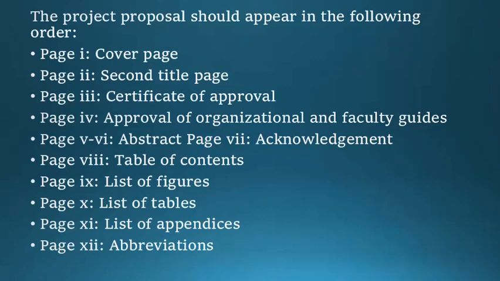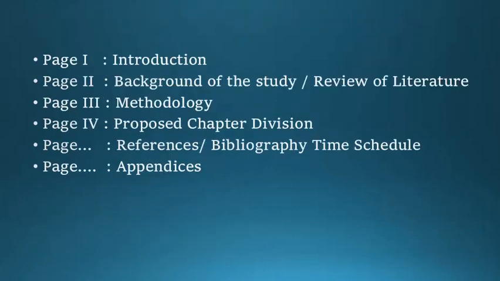From page 5 to 6, you'll have an abstract, and for the seventh page, you need to have an acknowledgement of the project work you are going to do. On the eighth page, you'll have the table of contents, and on the ninth page, the list of figures. Then you must have a list of tables, a list of appendices, and the abbreviations.